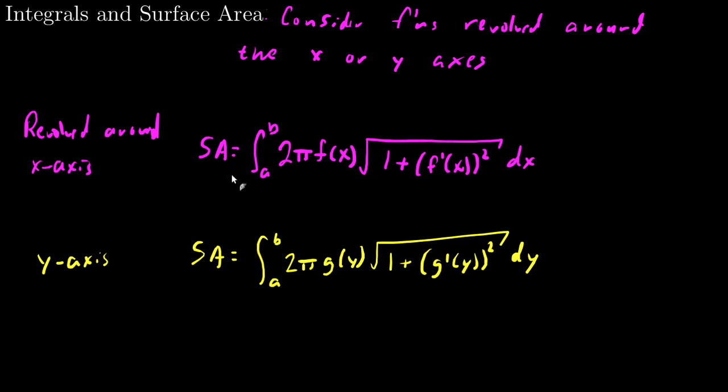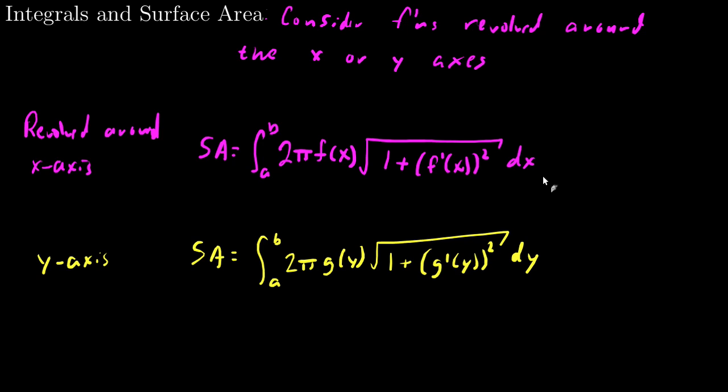So next slide I'm going to outline a proof. I'm not going to go all the way into the nitty gritty, but I'm going to explain why these are the formulas, and then I'll go through two examples. The surface area I don't believe is on the AP test, but without a calculator you can set this up, but it would be very difficult to evaluate one of these integrals unless f of x is a constant or a linear function, because of all these little bits and pieces here.